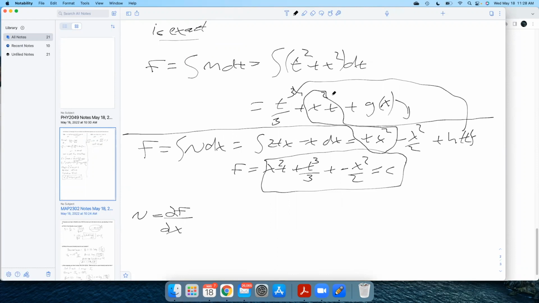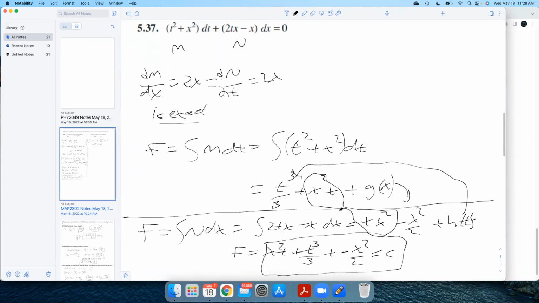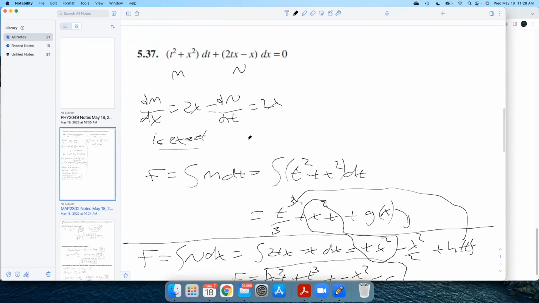Now we're going to take the derivative with respect to x. So the derivative of that thing right there with respect to x would be 0. The derivative of this guy with respect to x would be 2xt plus some G prime of x. And what's that supposed to equal? What was N? N was this.